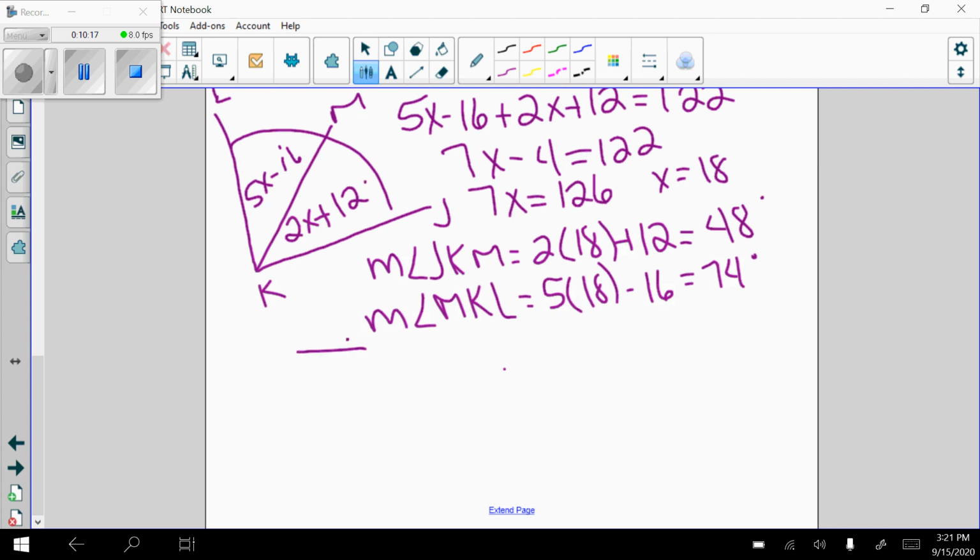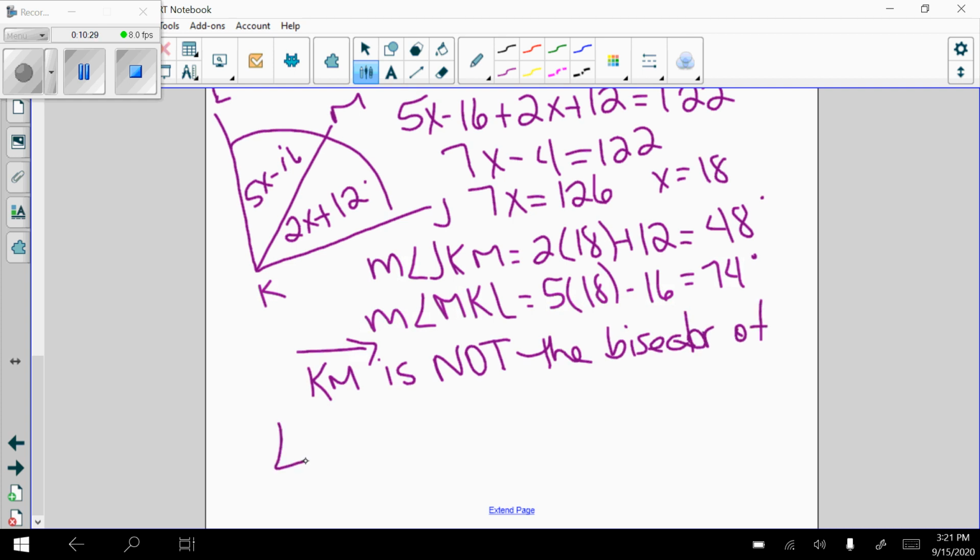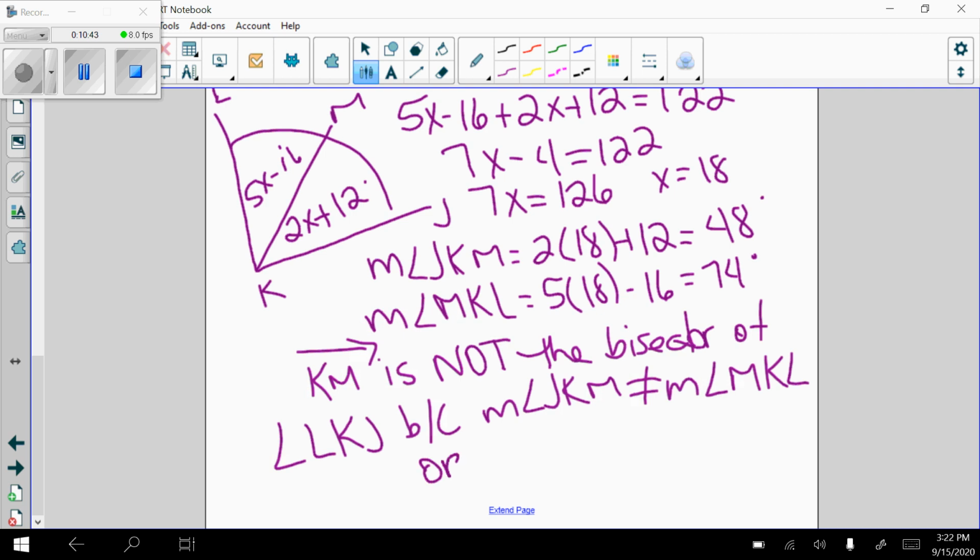So I could say that ray KM is not the bisector of angle LKJ because the measure of angle JKM does not equal the measure of angle MKL, or I could say angle JKM is not congruent to angle MKL.